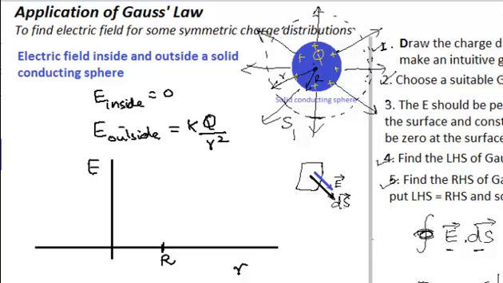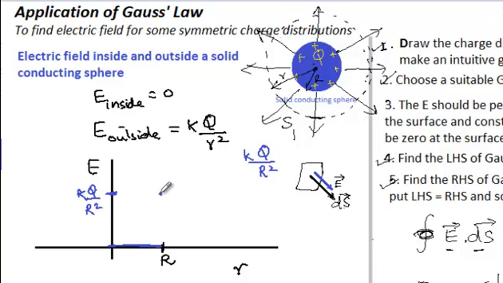Now you can see that the electric field is 0 up till a distance R. So this has a value 0 till here. At the surface of the sphere, the electric field will be K capital Q over capital R square, which is actually the maximum value that it's going to have. So this is the value for K capital Q over R square.